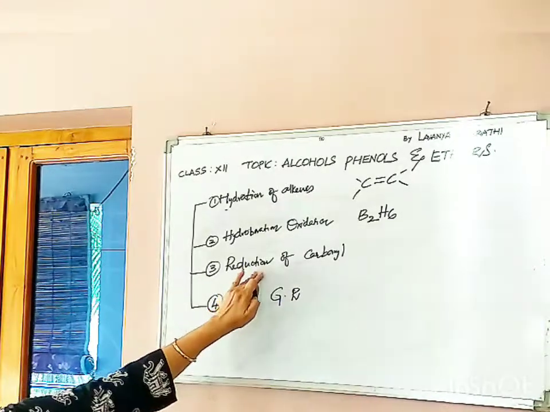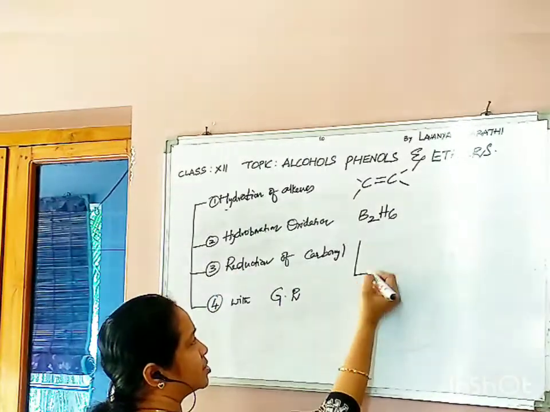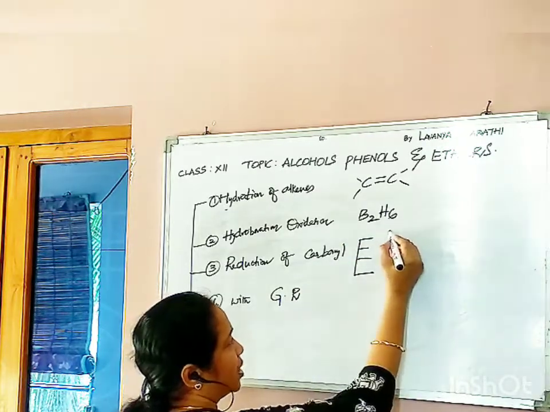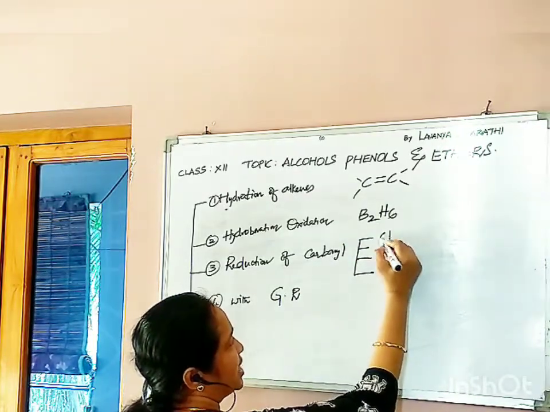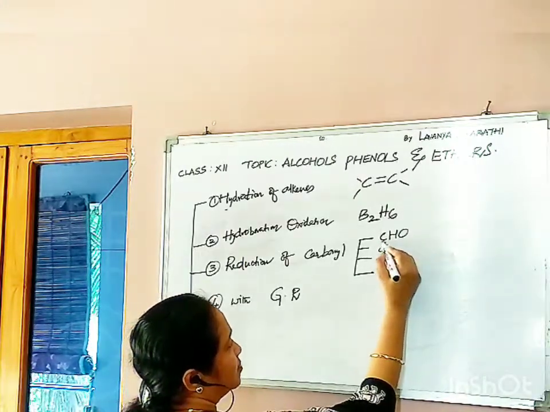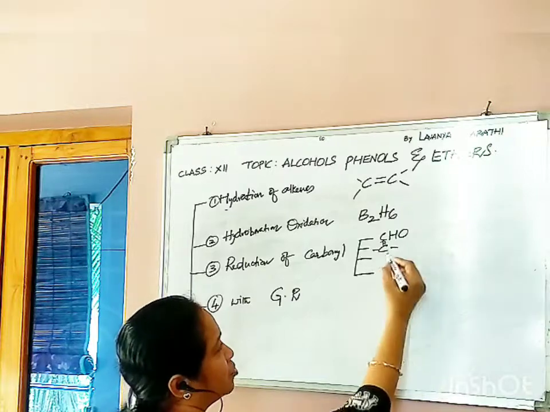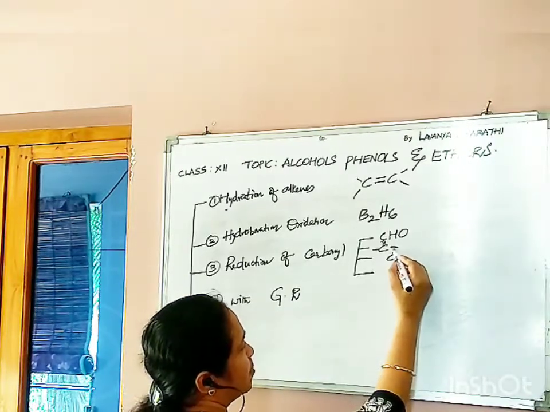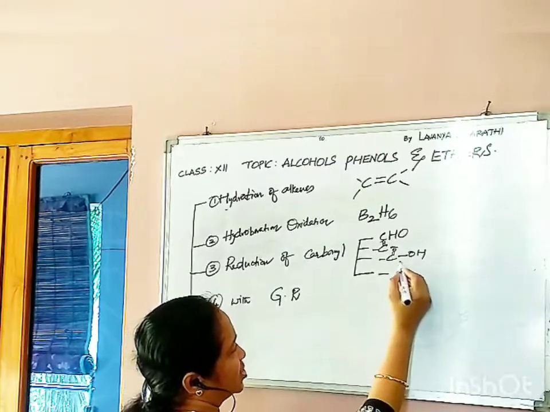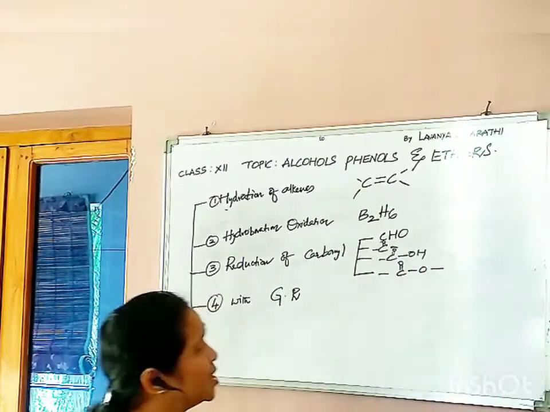And then reduction of carbonyl compounds. We have different types of carbonyl compounds: aldehydes like HCHO, ketones, acids with C double bond O, single bond OH, and esters.